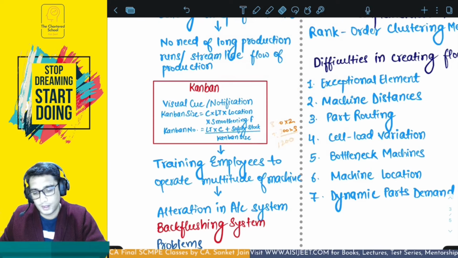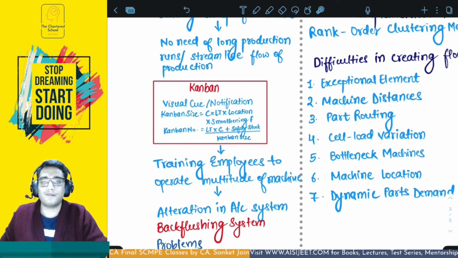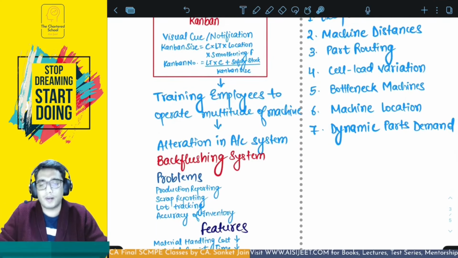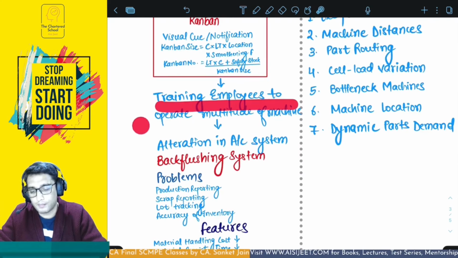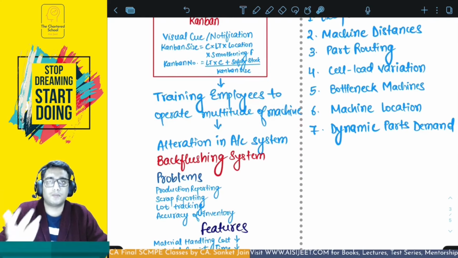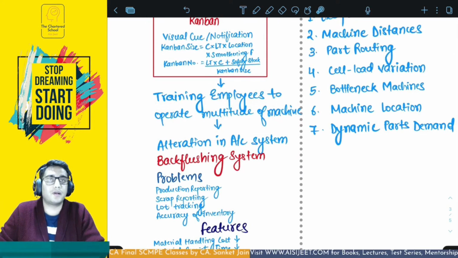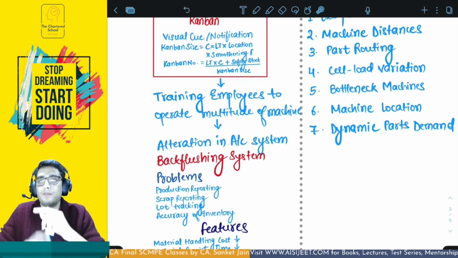All right. Now moving on to the next step, we have already understood that we are required to streamline the flow of production, and we are using cellular manufacturing and Kanban. Now, based on this, we also require to train the employees to operate on multiple machines, more than one machine. In cellular manufacturing it is going to be required because one person, the employee or the staff, is going to become the owner of a particular cell.